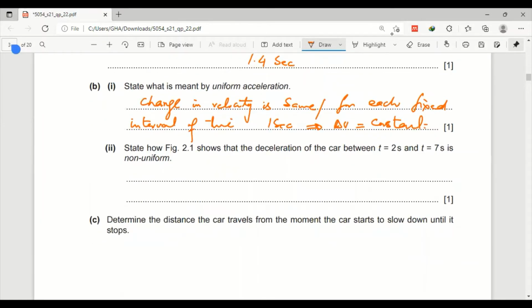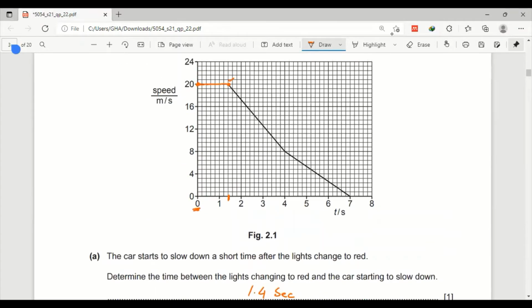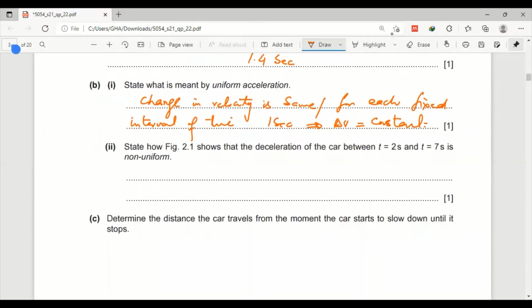Next, state how to show that the deceleration of the car between 2 seconds and 7 seconds is non-uniform. At 2 seconds, look at the gradient of the line, and at 7 seconds, this is the gradient. So look, acceleration is the gradient of this graph. So the two gradients are different. So acceleration is different, meaning non-uniform.